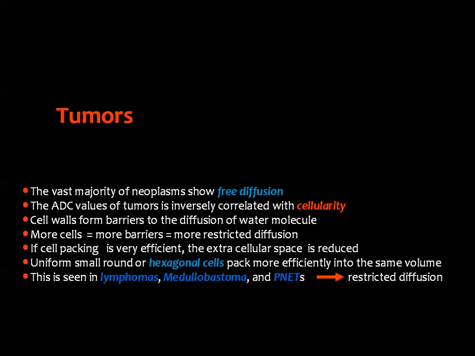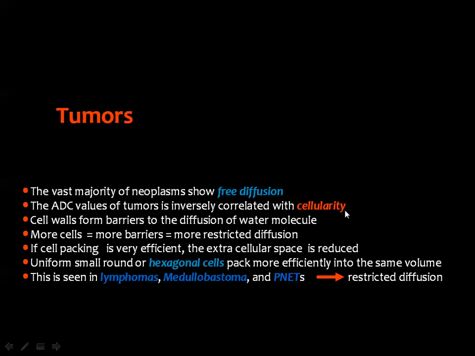Most of the tumors will show free diffusion, black in the DWI and bright in the ADC map. But some of the lesions will show diffusion restriction, and this will depend very much on the cellularity.